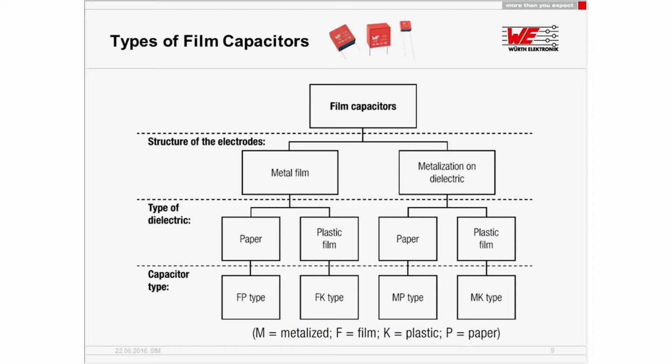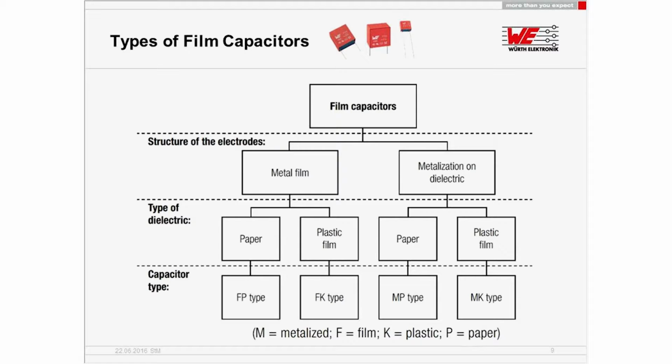The newer principle on the right hand side is a metallized one. So they show some benefits like self-healing, what I will explain later. And also due to the fact that you work with metallizations, they are slimmer and not such a thick layer of electrode material, because it's not important how thick the layer is, sure, for carrying current, yes, but for the capacitance itself, it's just the surface area that is important and not the thickness.